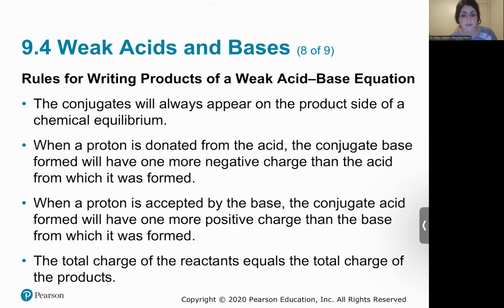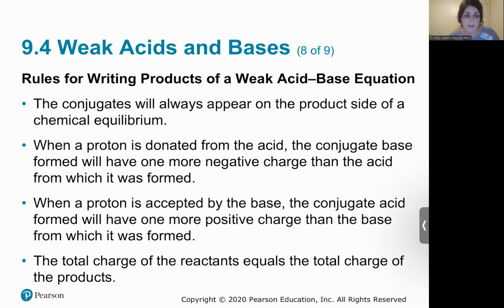So there are some rules you can follow for understanding how to write the products of a weak acid-base equation. The conjugates are going to be on the product side of the equilibrium equation, just like we've always been doing.